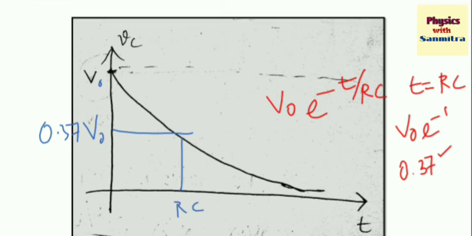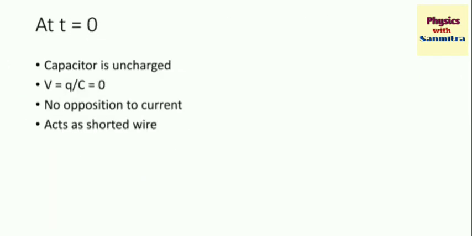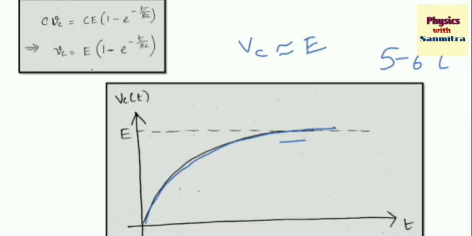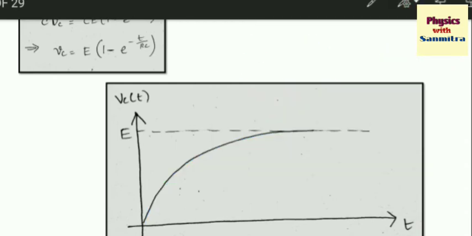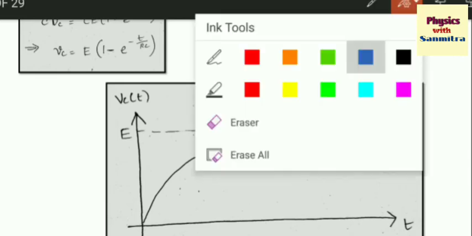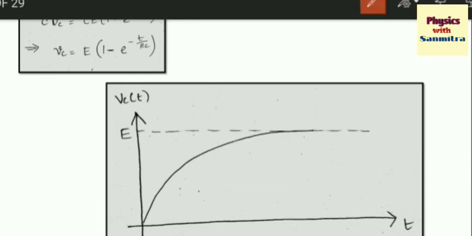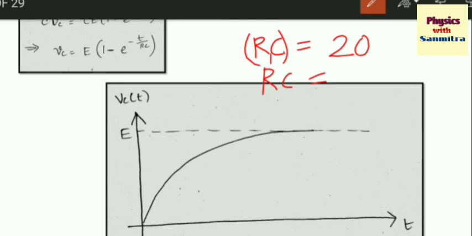Now in the growth circuit also, let me go back to the growth circuit once, the curve of the growth circuit. I forgot to explain one thing there. What is the significance of time constant? Suppose in one circuit RC is 20, some appropriate units, and in the other circuit, say R2C2, is 30.